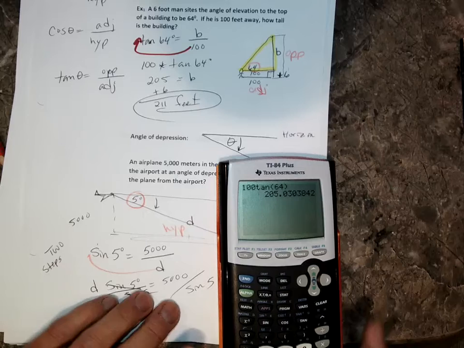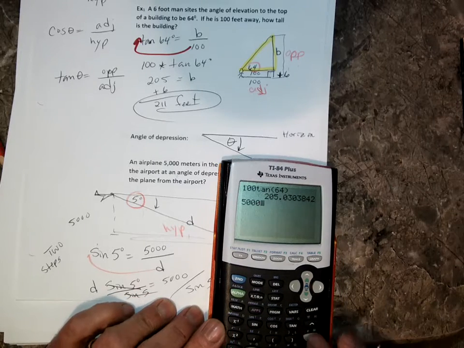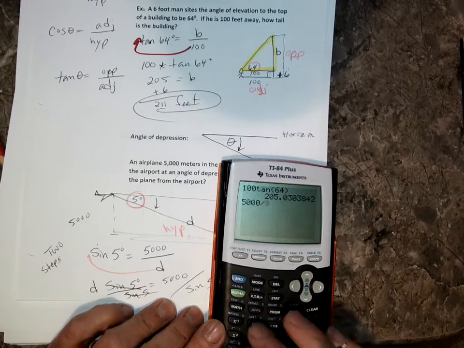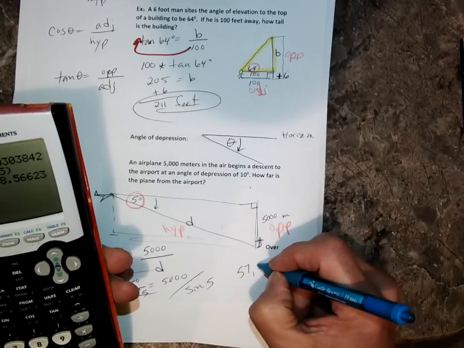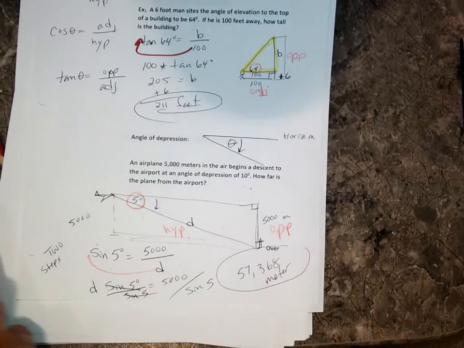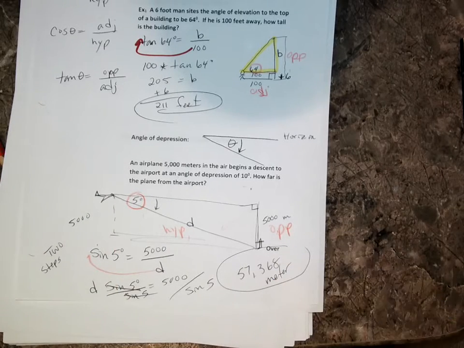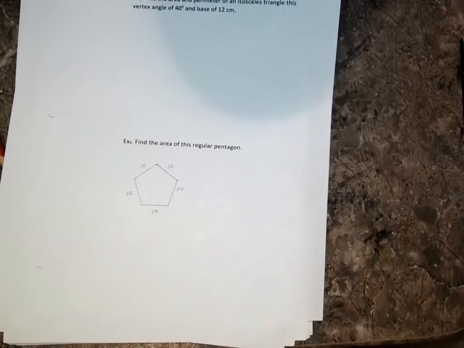Should be a pretty big answer because I'm a long ways away. So 5,000 divided by sine of 5, and I get an answer of about 57,368 meters. That's a long ways away. In terms of kilometers, it's like 57 kilometers away. Okay. All right. Next one.